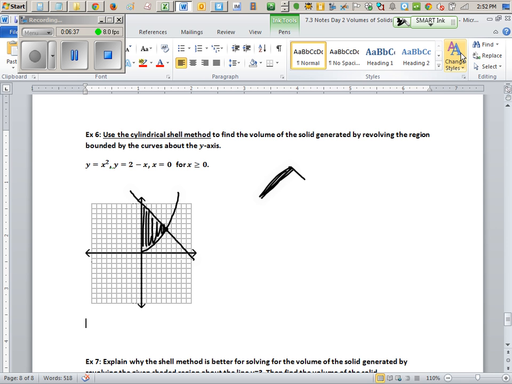Same solid of revolution. Different approach. So when you draw your shells, choose your axis of rotation to be the axis of symmetry for your shell. So that's a cylindrical shell that wraps itself around the axis of symmetry. So I'm going to draw that shell over here.